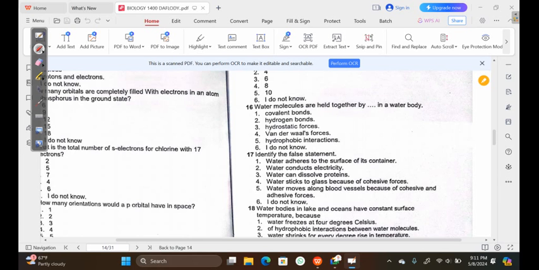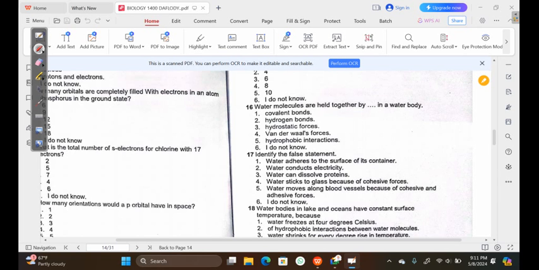Question 17 is saying identify the false statement. One reads, water adheres to the surface of its container. Is that a true statement or false? We're looking for a false statement. True. Two reads, water conducts electricity. True.